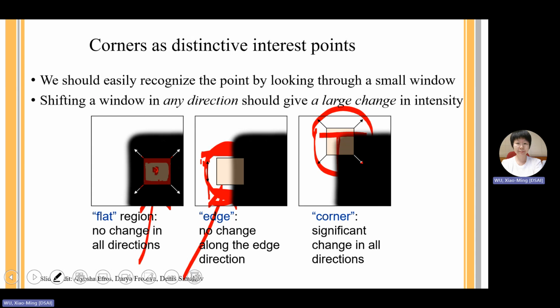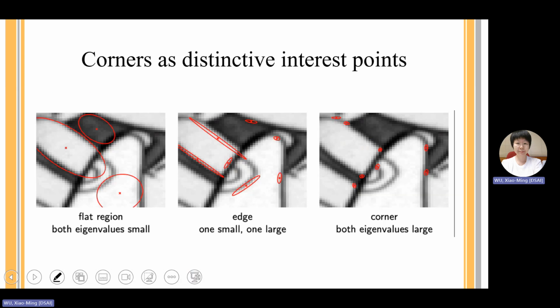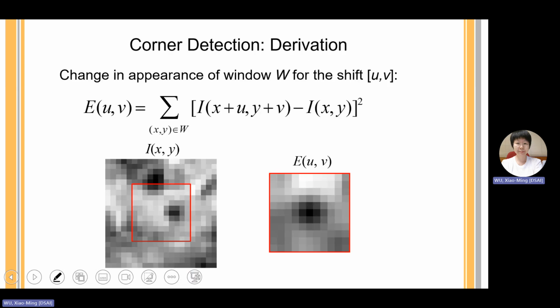We're going to design some metric to examine all the derivatives holistically. That's how we do it. Let's look at the content within this window. How do we quantify the changes?